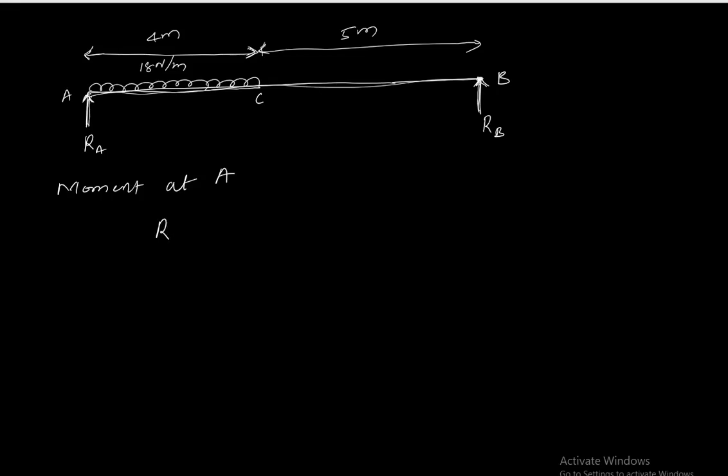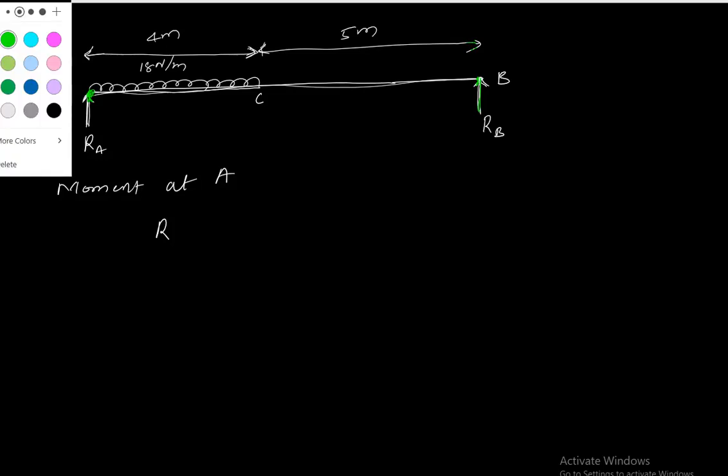To calculate the moment about A, we pin the beam here and then see what the moment is from all these rotations. When you apply RB, RB tends to rotate this beam. Well, I can't really see green on black.